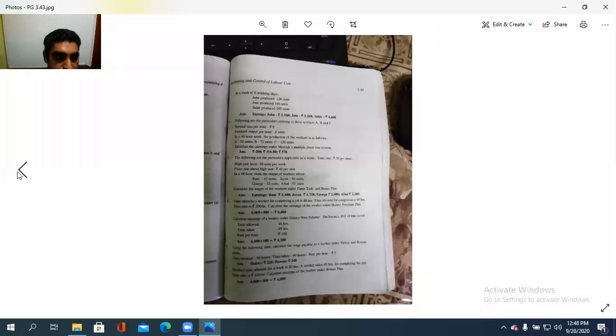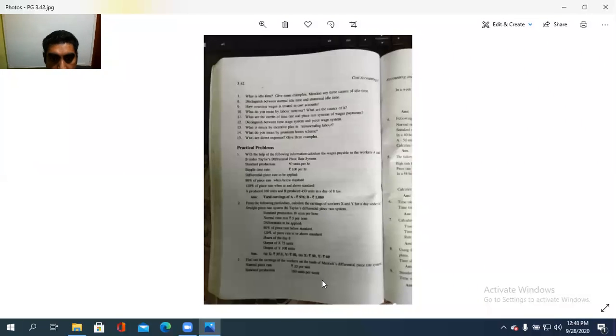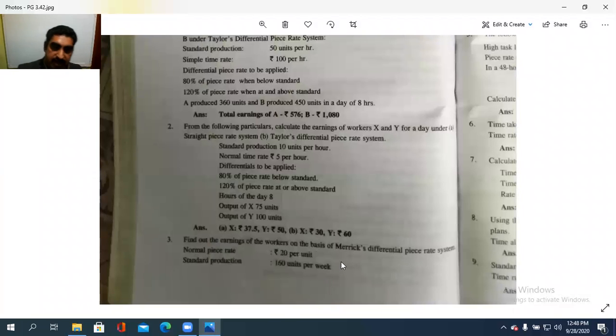So in continuation with that, we are going to do the practice problem number 3. Find out the earnings of the workers on the basis of the Merrick's differential piece rate system. That is, under that, normal piece rate it is 20 per unit. Then standard production it is 160, isn't it? Then what all things are there? We will check it.